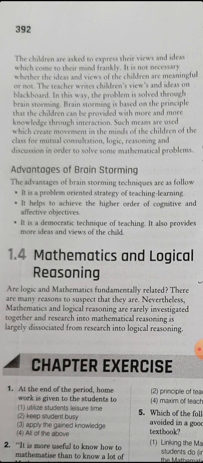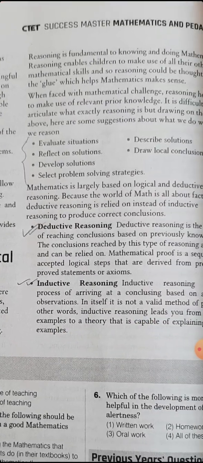Mathematics and logical reasoning. Are logic and mathematics fundamentally related? There are many reasons to suspect that they are. Nevertheless, mathematics and logical reasoning are rarely investigated together, and research into mathematical reasoning is largely dissociated from research into logical reasoning.